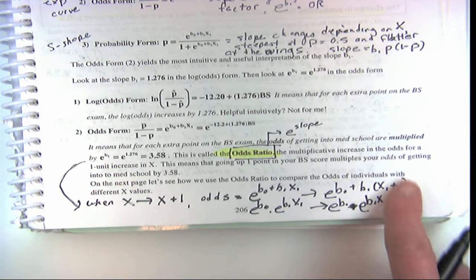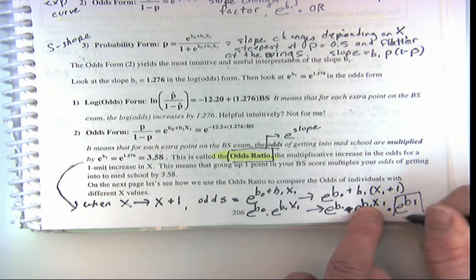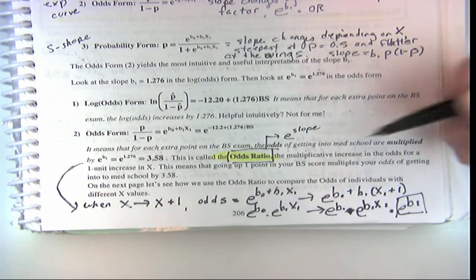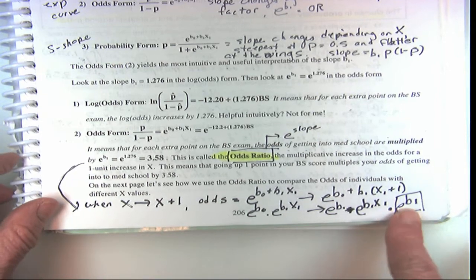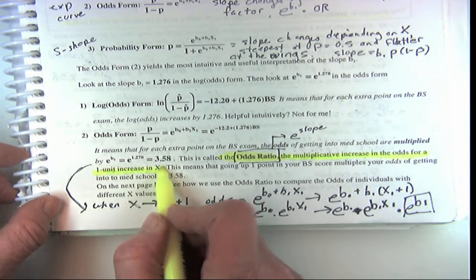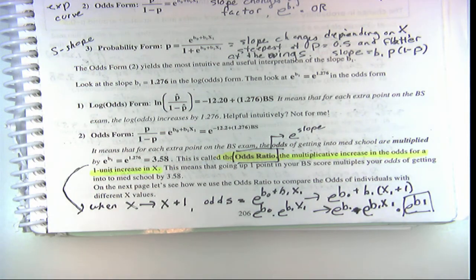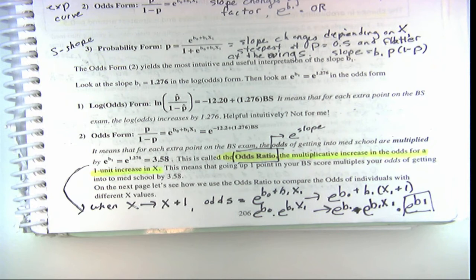So you can see that right there is the odds ratio, e to the slope. It's the multiplicative increase in the odds for a 1 unit increase in x. And in this case, it's 3.58.